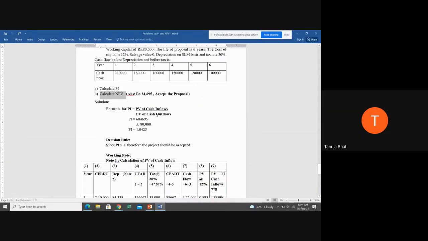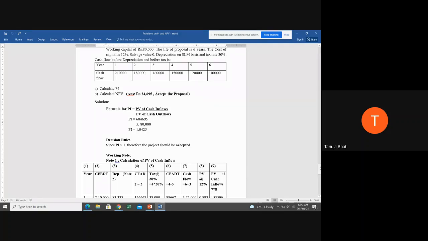So even if you calculate either one, you need not do the working note. Just simply write, B solution, answer B. NPV is PV of cash inflows minus PV of cash outflows. Therefore, 6,04,695 minus 5,80,000, you get 24,695 as your NPV. Since it is greater than 0, you're going to accept the proposal.